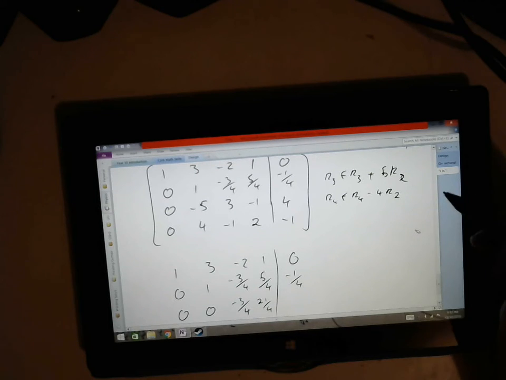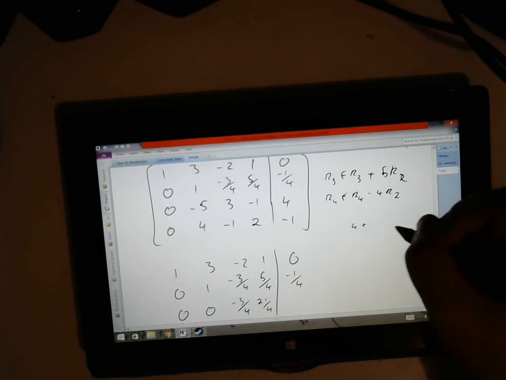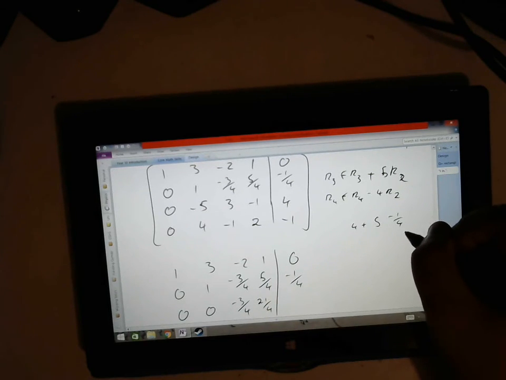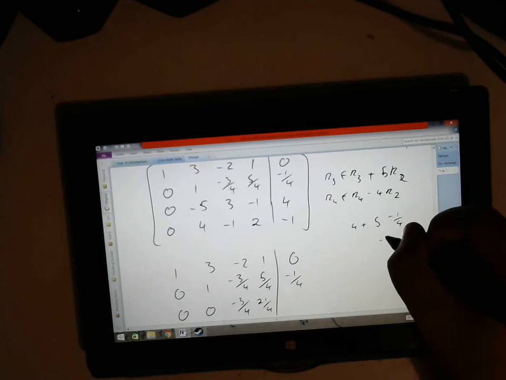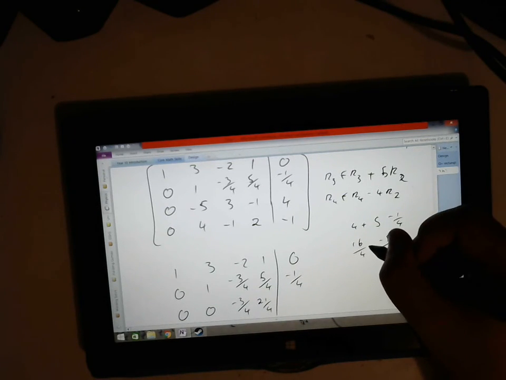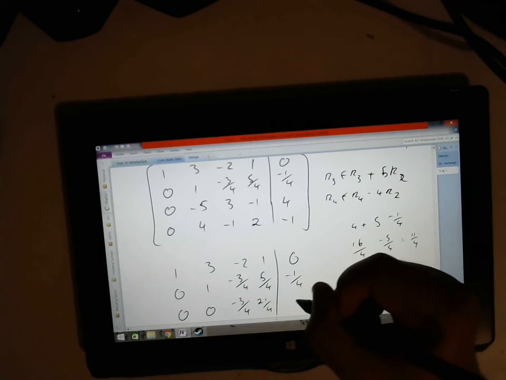And finally for here, our last number, we're going to have 4 plus 5 groups of minus 1 over 4. So that's going to be negative 5 over 4 plus 16 over 4. 16 take away 5 gives us 11 over 4.